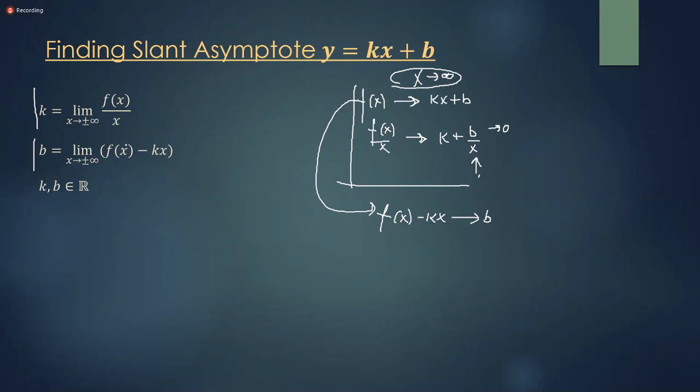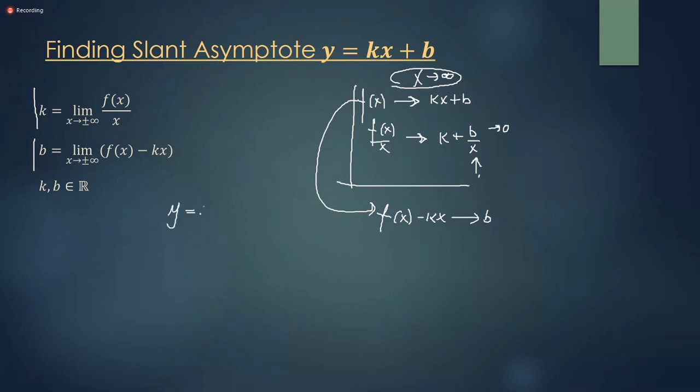Also, I would like you to notice that in the first limit, yes, we divide the function by x. In the second limit, the function is not divided by x, but we subtract k found in the previous step multiplied by x. So if k and b are both real numbers, then y equals kx plus b is the slant asymptote.